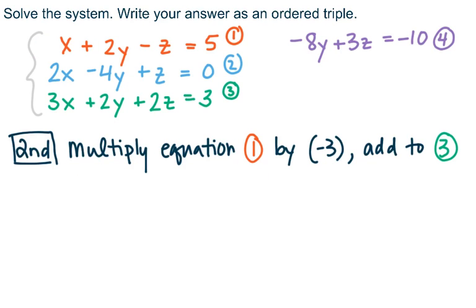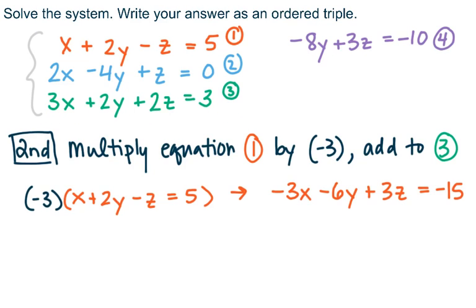So again, I'm going to multiply that top equation by the value negative 3 and add it to the bottom equation. And when I multiply my top equation by negative 3, that gives me negative 3x minus 6y plus 3z equals negative 15, doing that distribution of negative 3 four times.